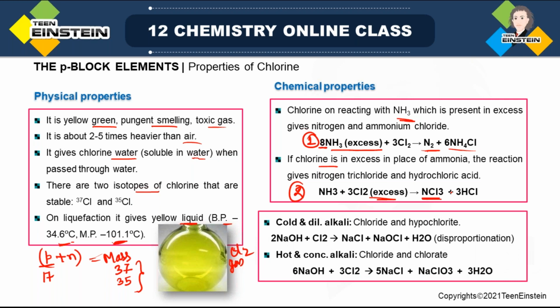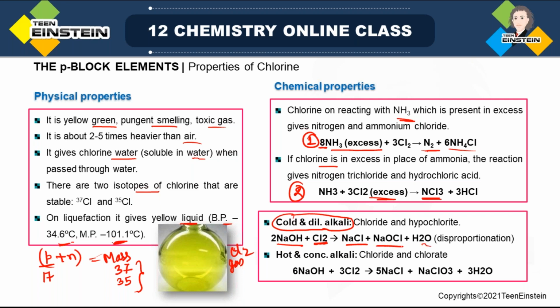Next, reaction with alkali. Now here also two different conditions are there. If the condition is cold and dilute alkali, that means the NaOH solution that you have taken must be under cold condition and it is dilute. Under this condition, if it is reacting with chlorine, the products are NaCl, NaOCl, water.